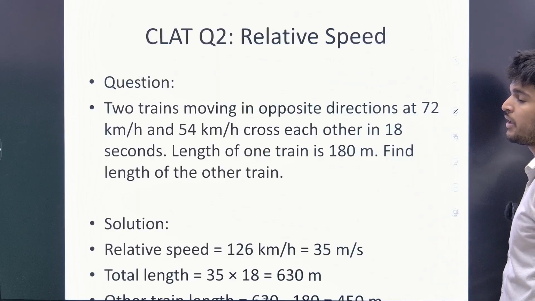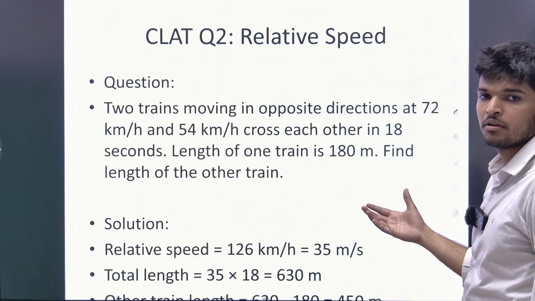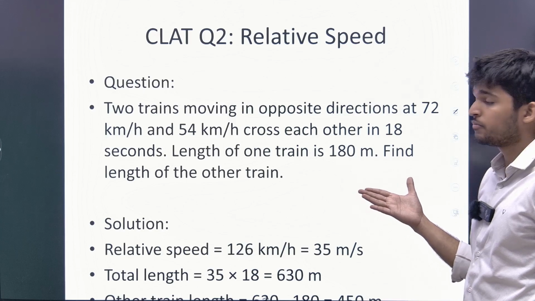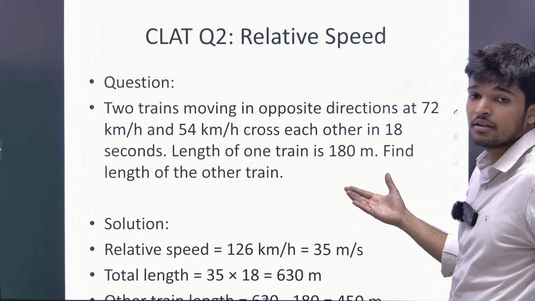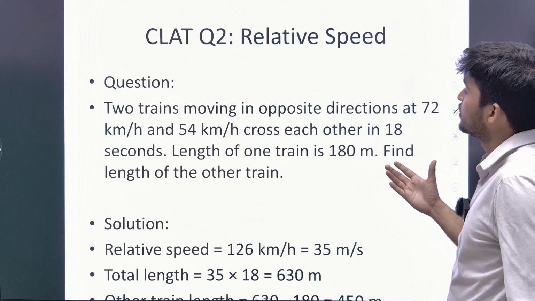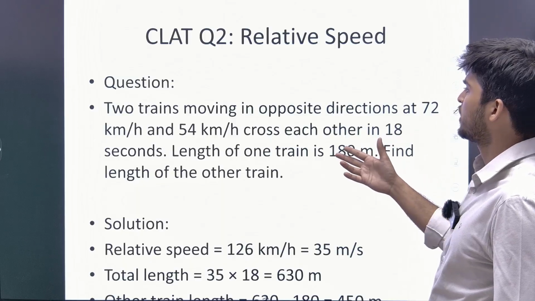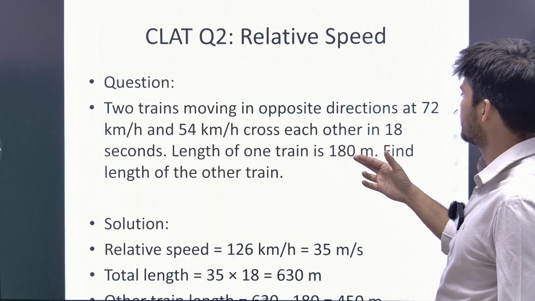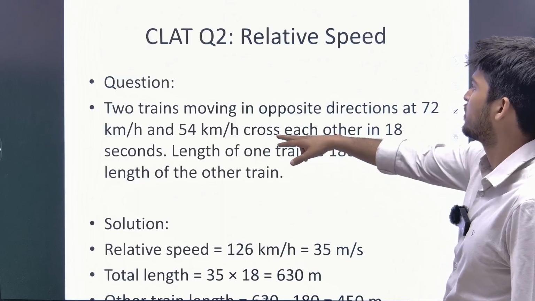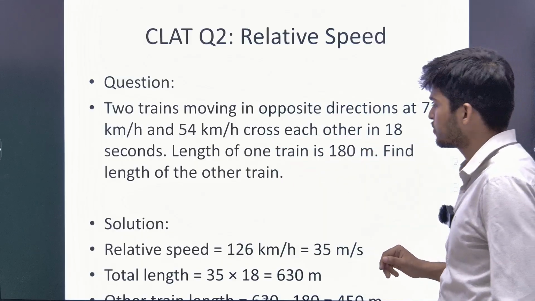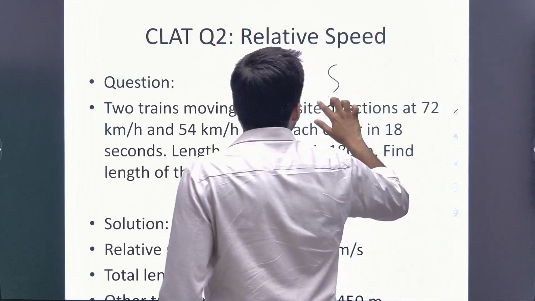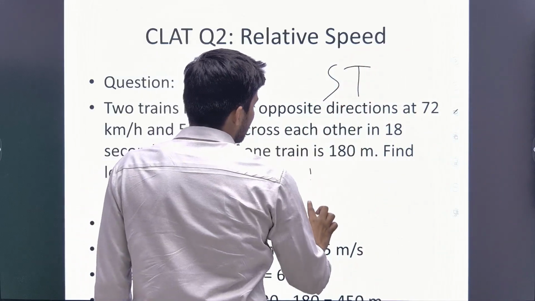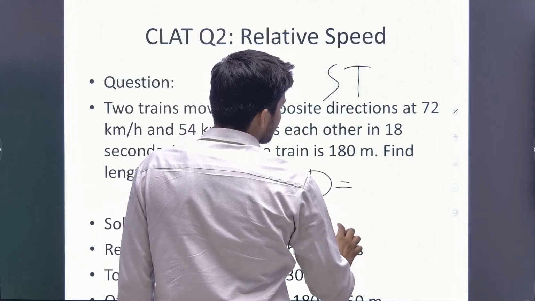Now we have been given the time in which the trains are crossing each other, right? Yeah, the trains are crossing each other. So we know the speed, we know the time, we can calculate the distance.